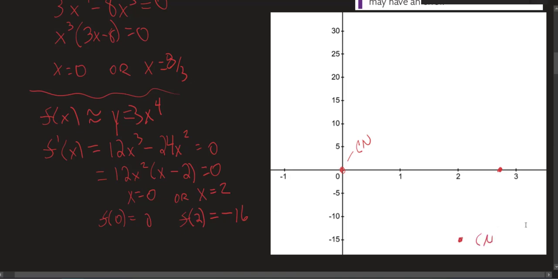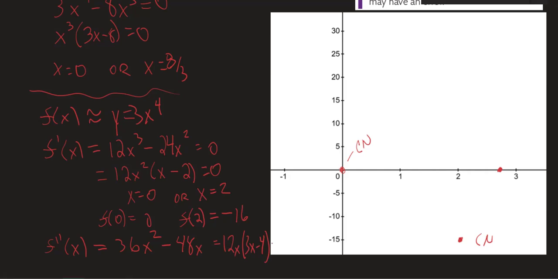So we can just kind of label those. Then we can get the second derivative. So the second derivative is 36x squared minus 48x. And then we can factor out a 12x and get 3x minus 4. Okay, so we got the critical numbers, plotted those points, found the second derivative as well.